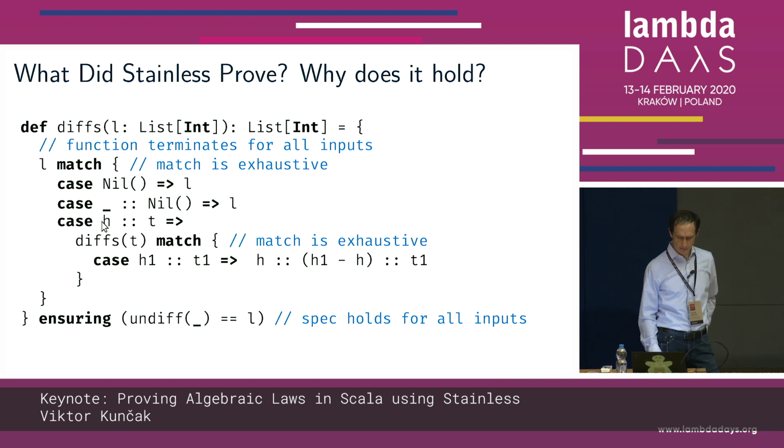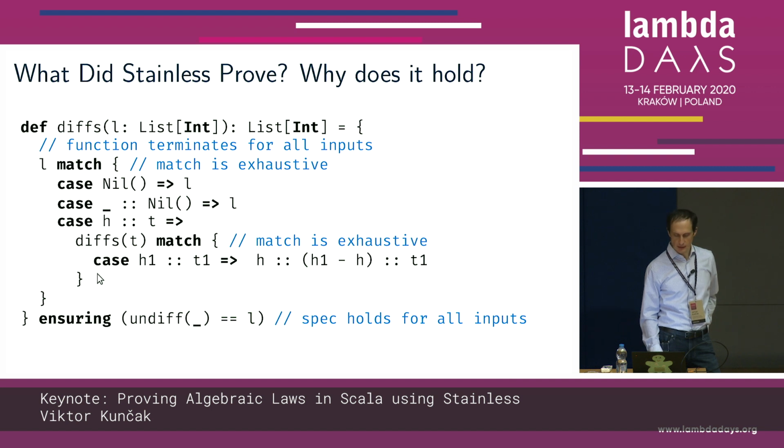So in the outermost pattern match, it should be hopefully straightforward that we have covered all the cases. We have the nil case. We have the case of list of length 1. Then we have this case, which handles all the other lists, right? But this case is a bit more interesting.